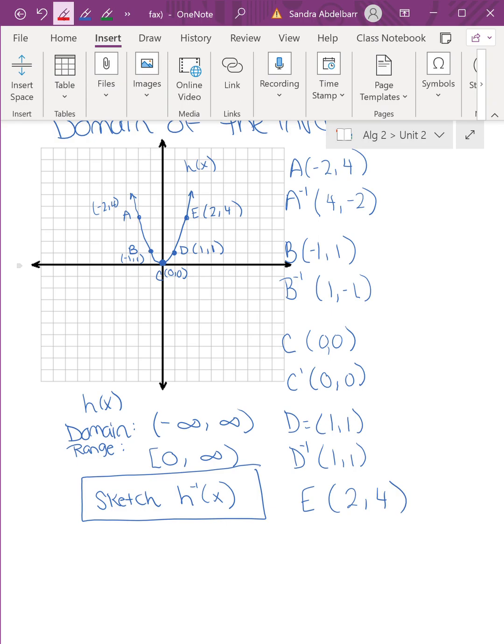1, 2, 3, 4, 1, 2. 1, negative 1. 0, 0. 1, 1. 2, 4, 1, 2. Oh, that one got messed up.